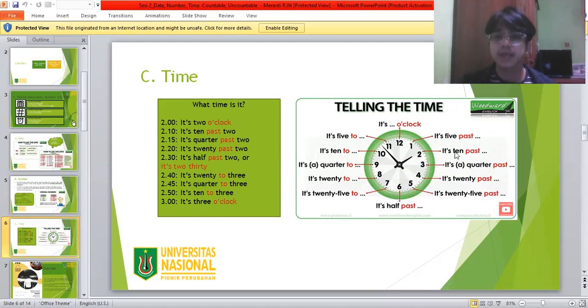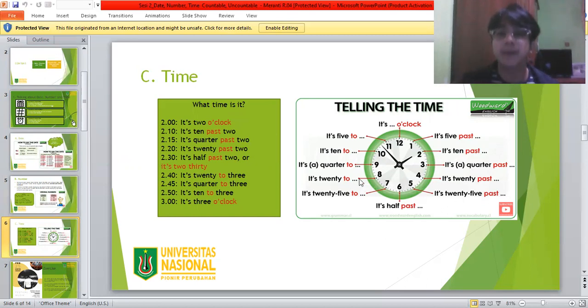If we're meant to say 2:10 p.m., we say it's 10 past 2 because it's already happened. It is 2 p.m. plus 10 minutes. So it's already happened for 10 minutes after.